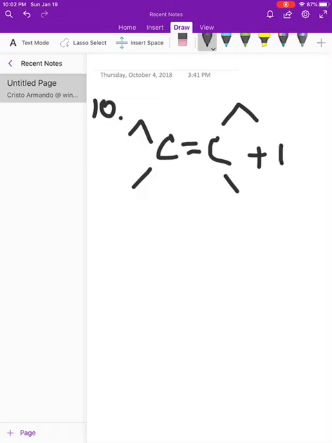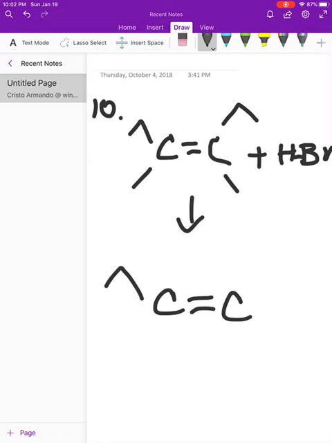Where we're going to add the acyl halide, HBr, and we've done this reaction multiple times, right? So I'm going to skip the intermediate that's formed, and since this is a symmetrical molecule, the bromine is going to add to whichever.